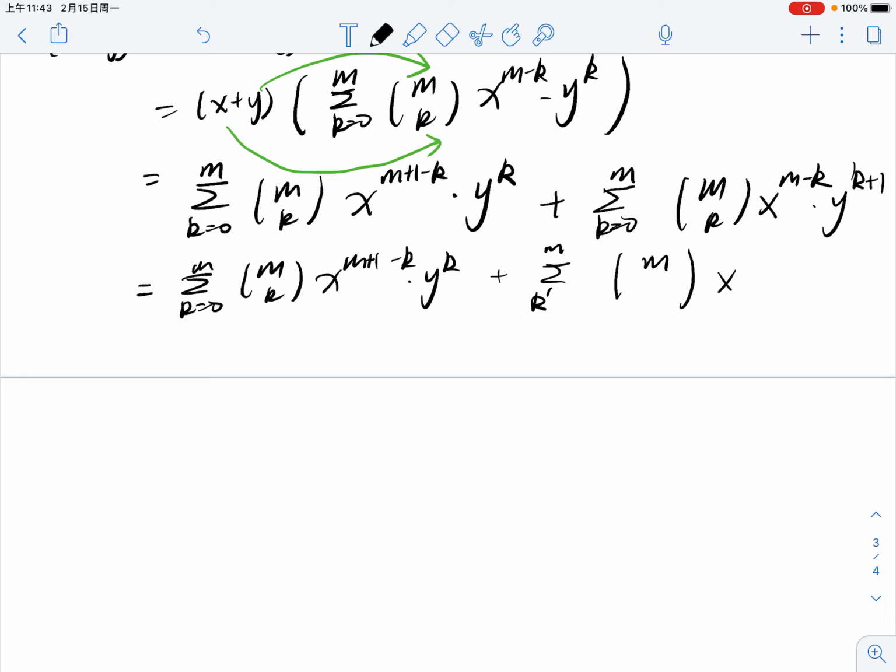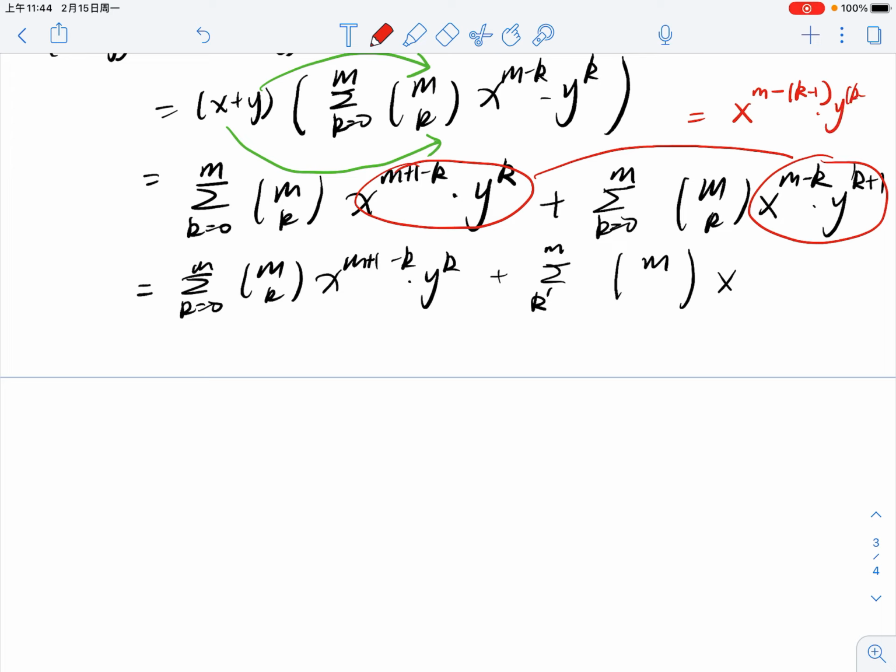Each are different, and here x to m plus 1 minus k times y to k's power equals x to m minus k minus 1 times y to k minus 1 plus 1. So if you let k to be k minus 1 in your second term, they are the same. So you need to combine the coefficients.